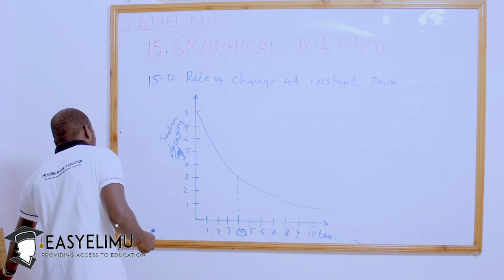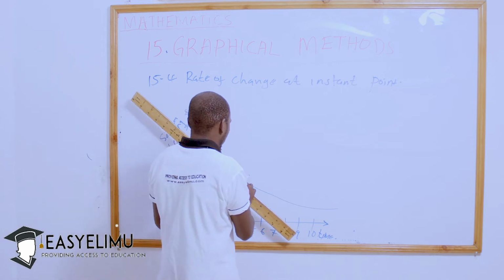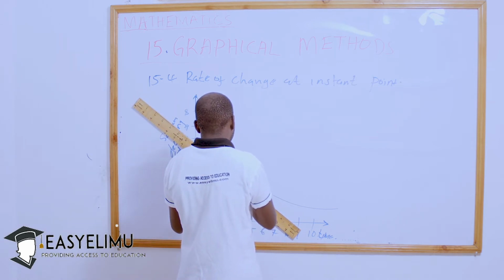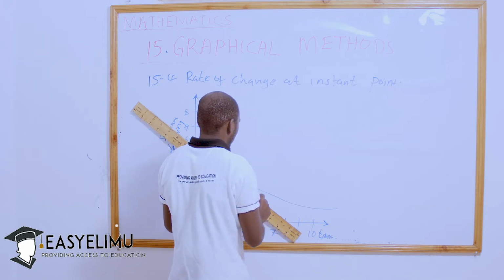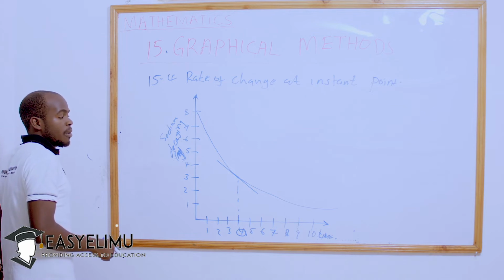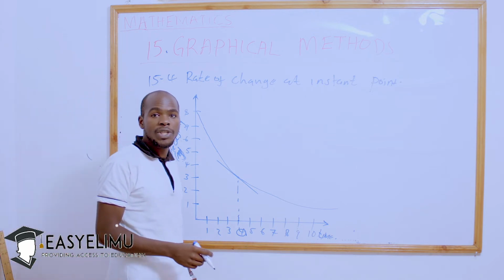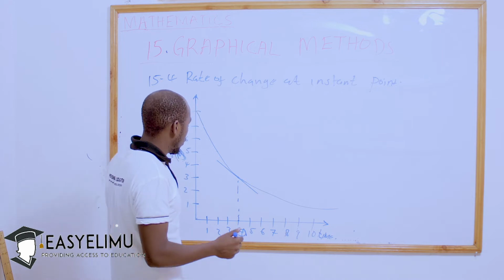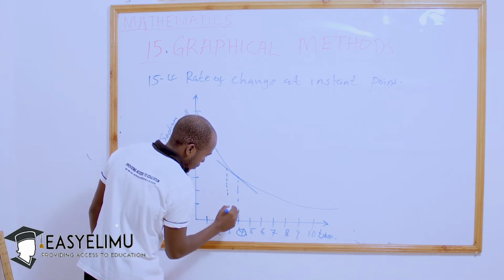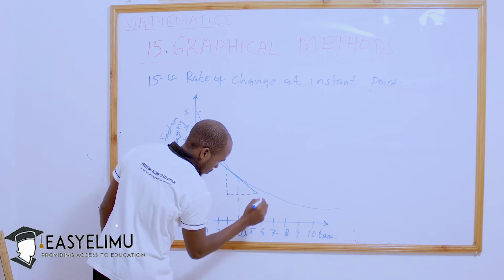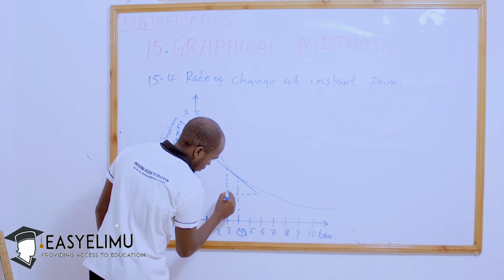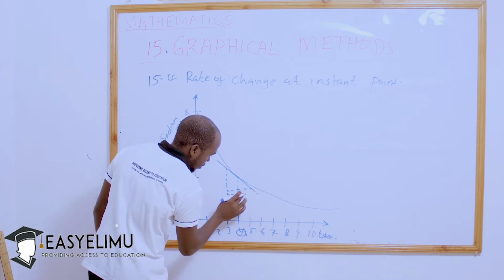So, constructing a tangent, I think you understand how it is. You can construct it like that, and then you take any specific point. But remember, the closer you take the points, the more accurate you will be. So you can select a point here, and take up to this point here.